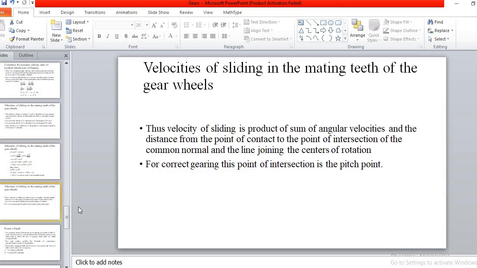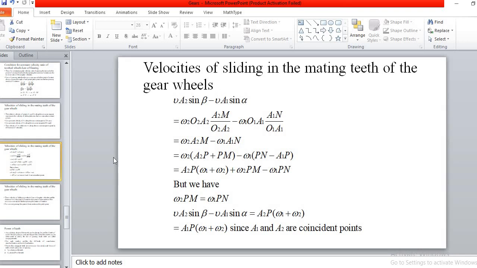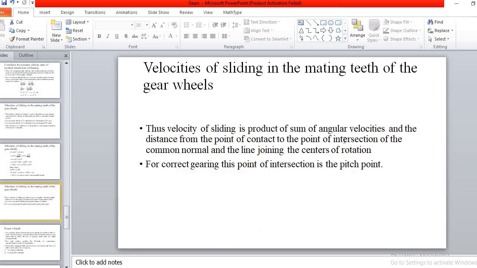If you look at this equation, the velocity of sliding is nothing but the product of the sum of the angular velocities and the distance from the point of contact to the point of intersection of the common normal and the line joining the centers of rotation.